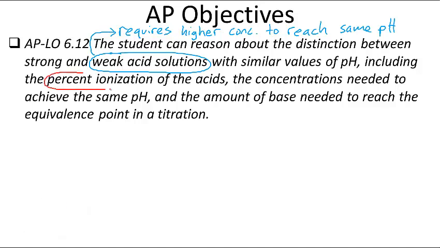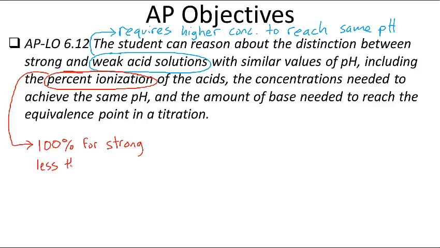So the percent ionization piece is 100% for the strong, less than 100% for the weak. Concentrations needed to achieve the same pH, we already mentioned that.